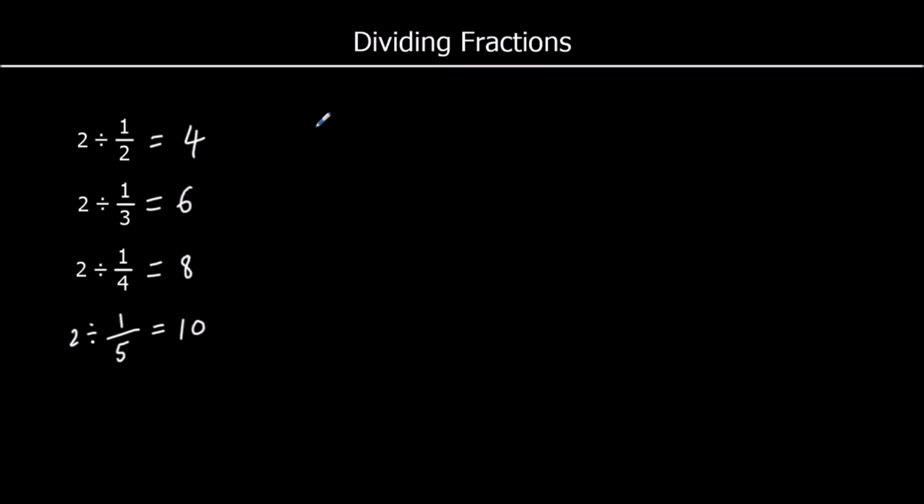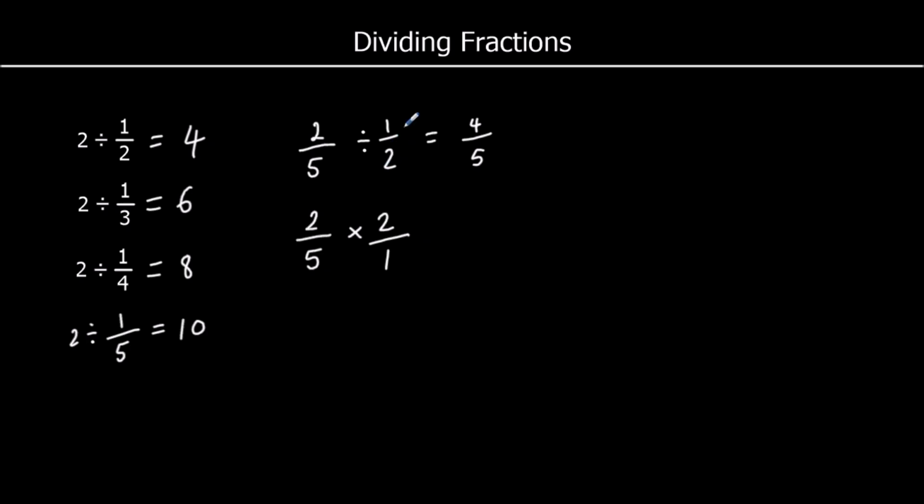How about if we had 2 fifths divided by a half? So because dividing by a half is the same as timesing by 2, this is the same as doubling 2 fifths, which will be 4 fifths. Another way of looking at this is by saying that 2 fifths divided by a half is the same as 2 fifths times 2 over 1.